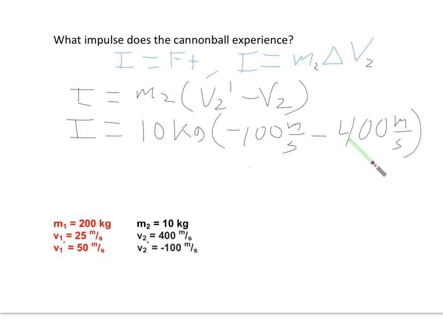So what you're really going to do here is add these two negative values, and you wind up with a negative 500 inside the parentheses. When I multiply that by the mass of the cannonball, you see that I got an impulse, or change in momentum, of the cannonball of negative 5,000. I'm going to use those units of impulse as Newton times second. When we look at the last question, I think you'll understand why.